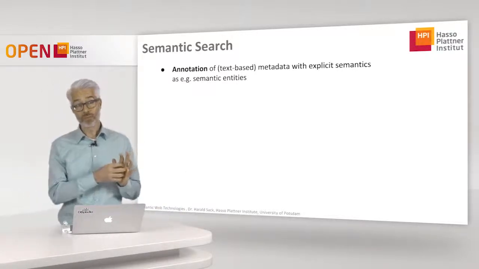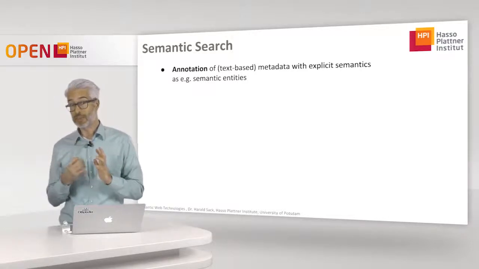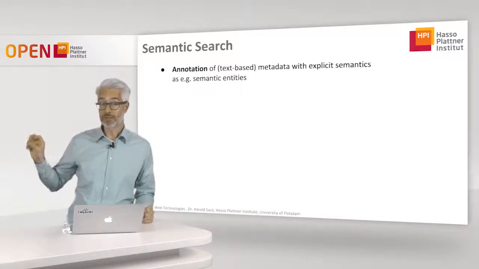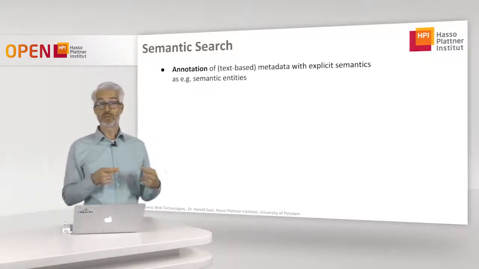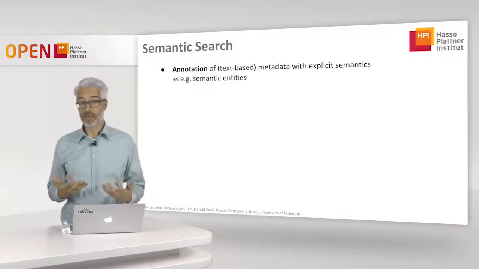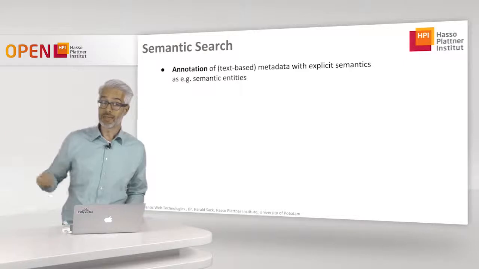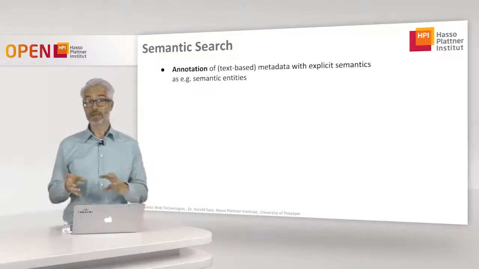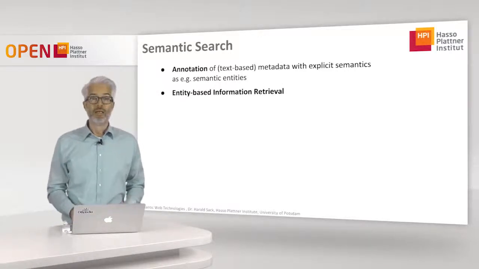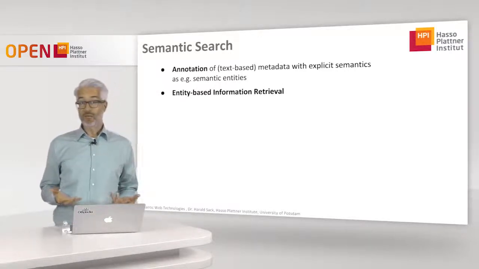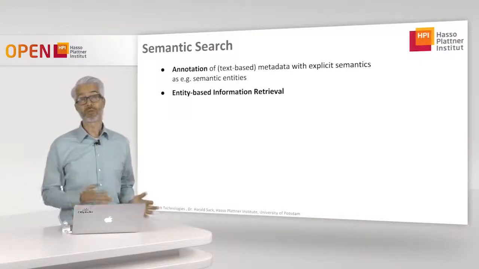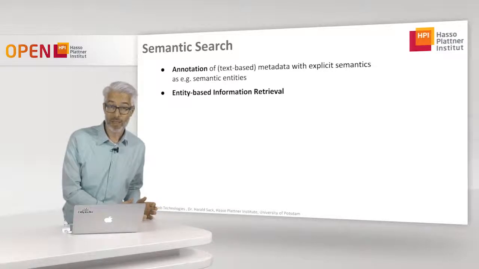And this process, of course, is unique. So it's a unique mapping. And therefore also the entities in the knowledge base are unique. So what you do here is you try to avoid this problem of ambiguity within language, at least in your indexing process, by making it unique in that annotation process with explicit semantics. Then you would be able to perform something which is called entity-based information retrieval. So it's not text-based or keyword-based anymore.